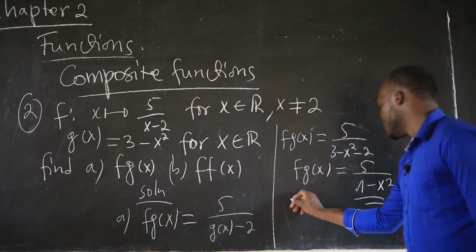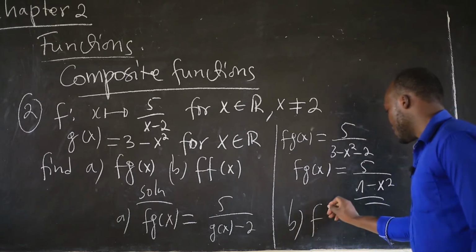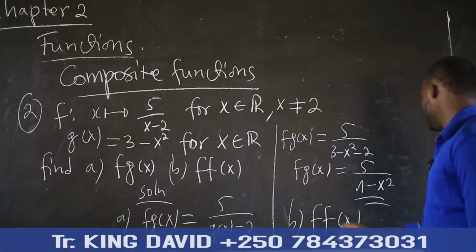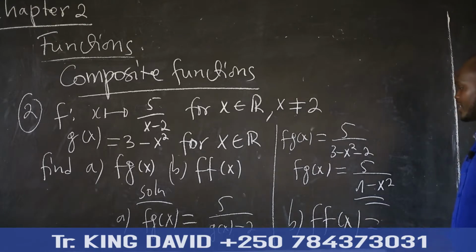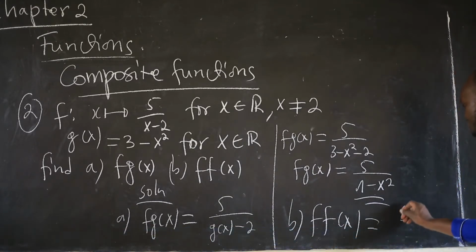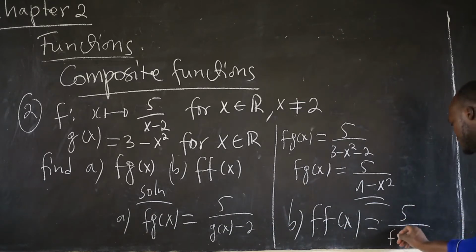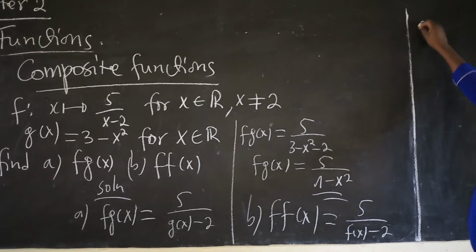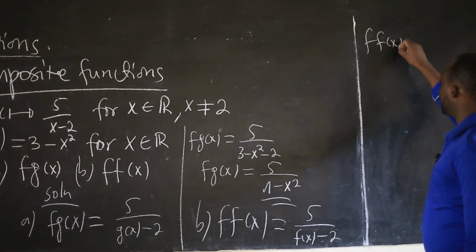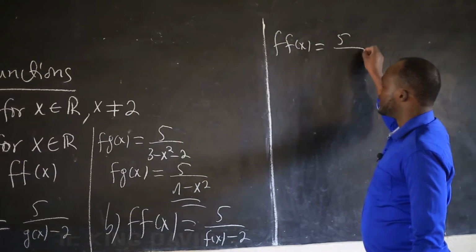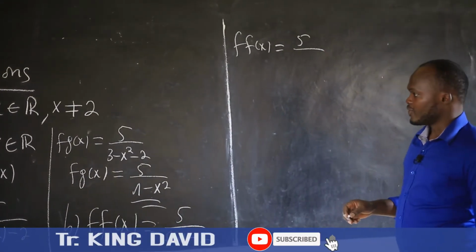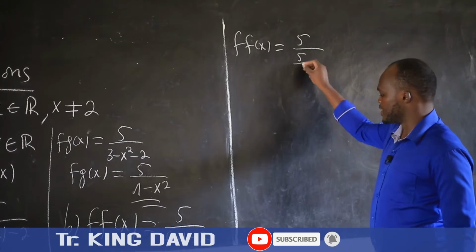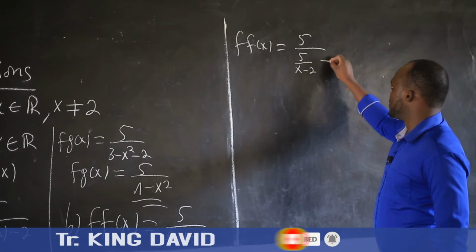So b, we're going to find f of f of x. So just go there in the f of x, where there is x, you put there f of x. So that's 5 divided by f of x minus 2. So now f of f of x: f of x is 5 over x minus 2, then minus 2.